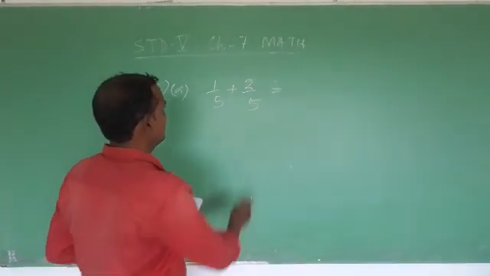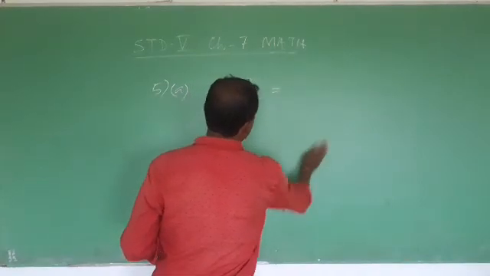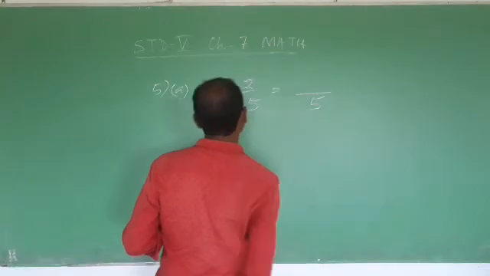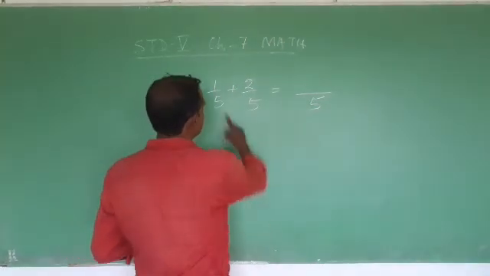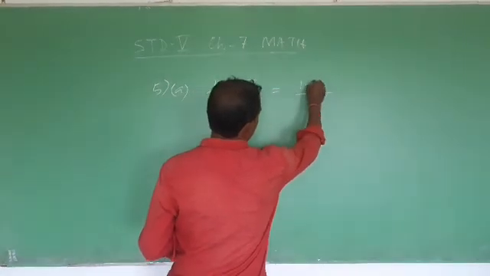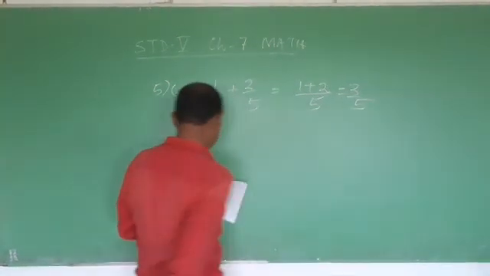Listen students, when both the fractions have the same denominator, the LCM is taken as 5, and now you can simply add up the numerators. 1 plus 2, that is 3 by 5.